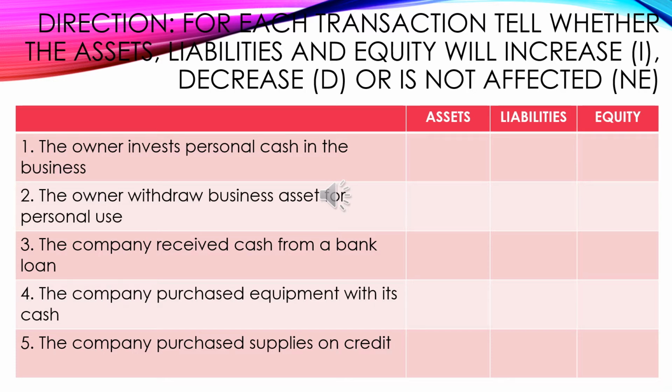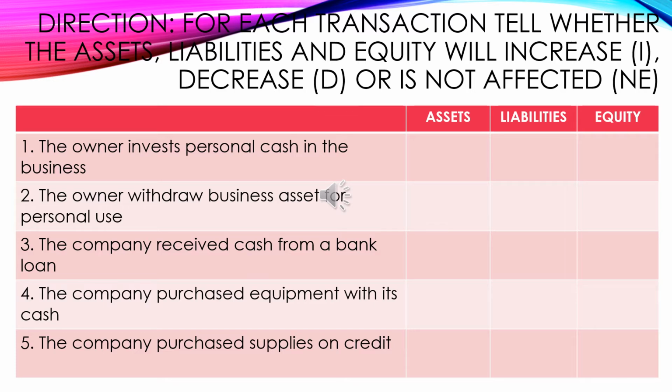And then number 4, the company purchased equipment with its cash. So a company can purchase equipment maybe in the form of a loan or by paying cash using its asset. So in this case, the company purchased equipment by paying cash.